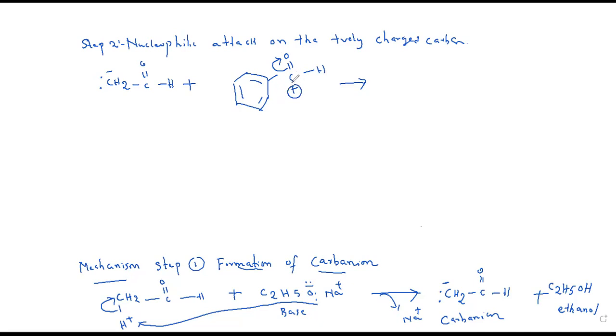To stabilize this carbon, which has electron deficiency, we use the lone pair of electrons on the carbanion carbon. This lone pair will be shifted towards the positively charged carbon, so a new sigma bond will be formed between the aldehyde carbon and the carbanion.